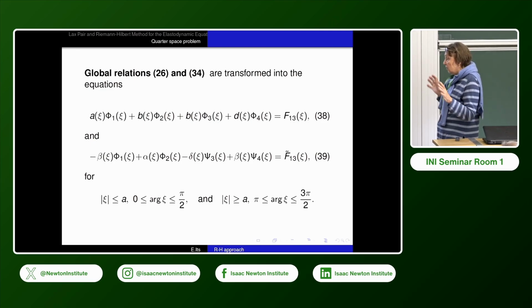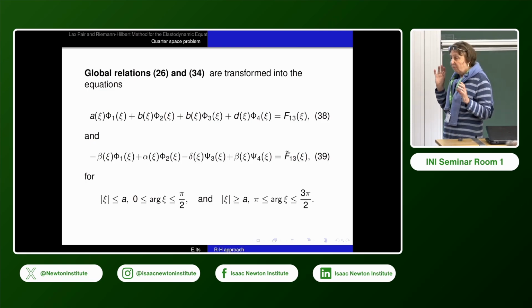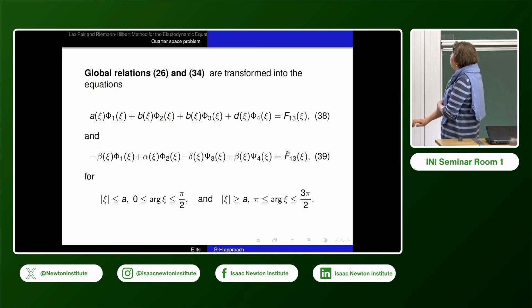So as a result, we could have a set of functions, and set up a new vector Hilbert problem. It is the problem with a shift, and it could be posed on the torus.